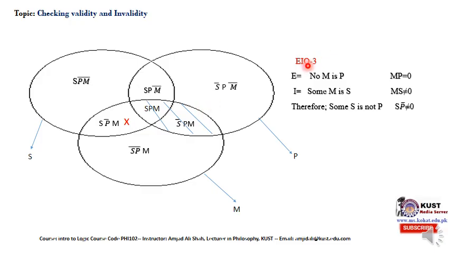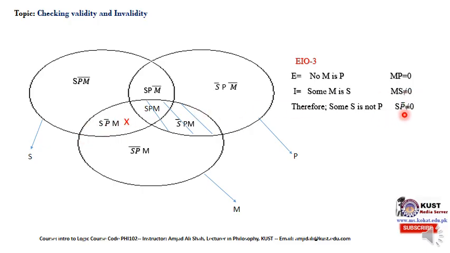So E, MP is equal to 0, this is MP and this is MP, we have shaded it. MS is not equal to 0, this is MS, so it has been already shaded, so it has been made empty, so we are left only with this MS, so we put X over here.